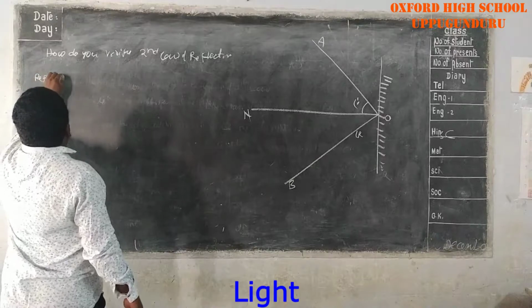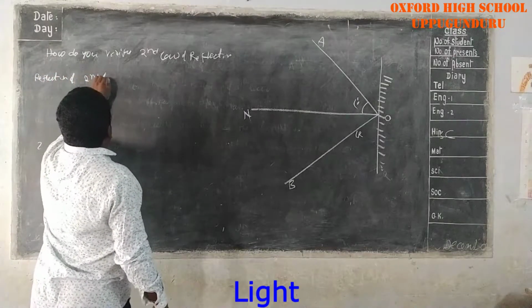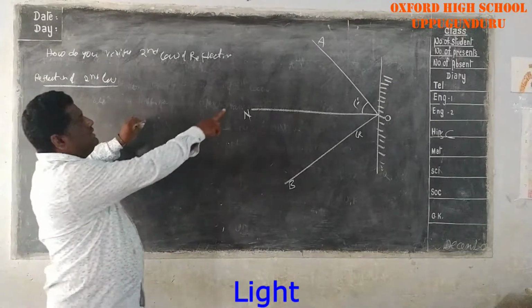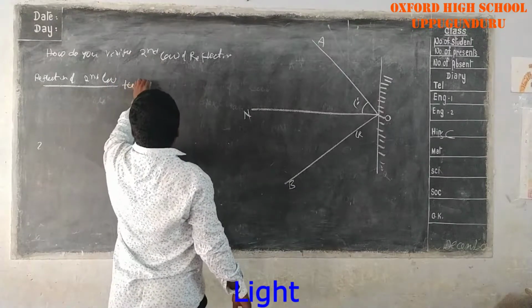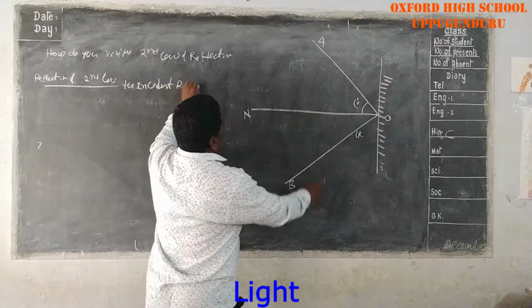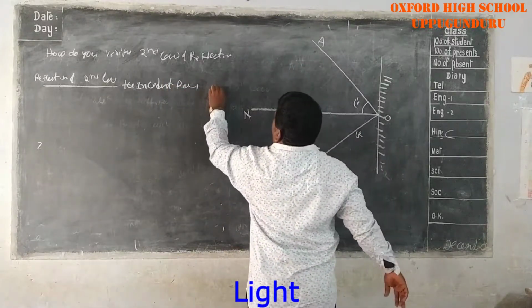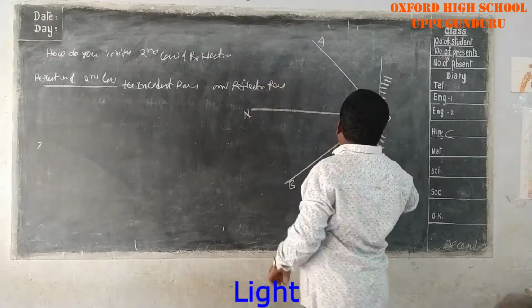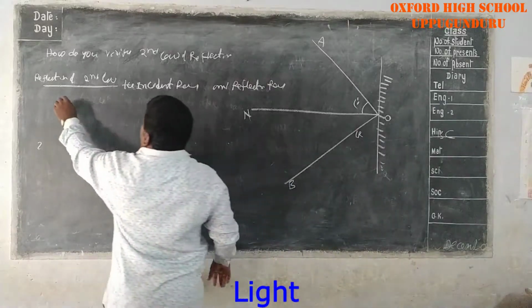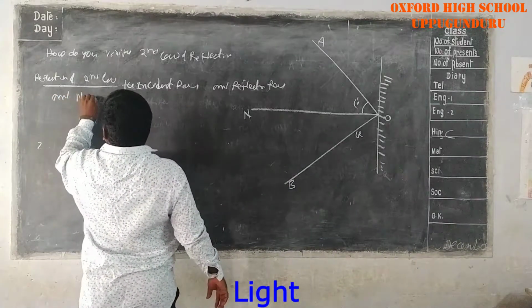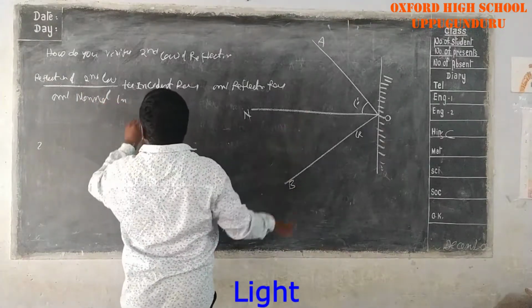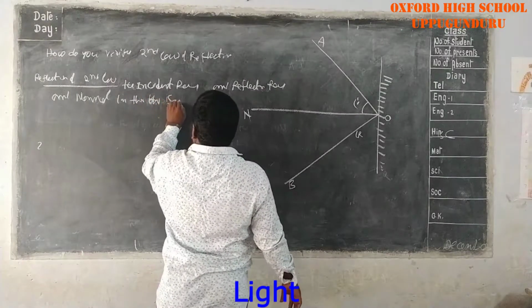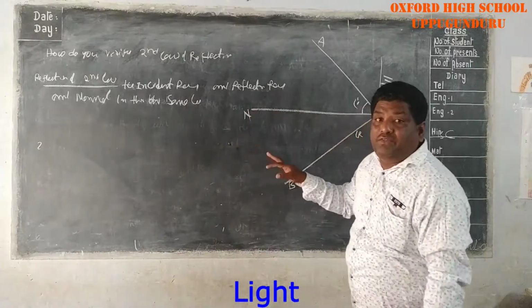Reflection, second law: the incident ray, the reflected ray, and the normal line ON, these three are in the same plane. It is called the reflection second law.